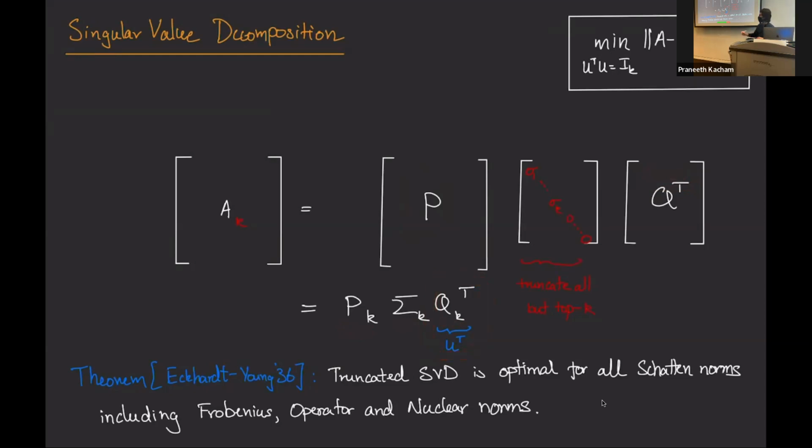So in other words, the optimal solution is picking the top K rows of this guy. Okay, and there's a really nice theorem proved back in the 30s that this solution is optimal for any Schatten norm, which I haven't defined yet, but in particular, it's optimal for Frobenius norm, operator norm, nuclear norm, and so on. Okay, so this characterizes the optimal value of the problem.